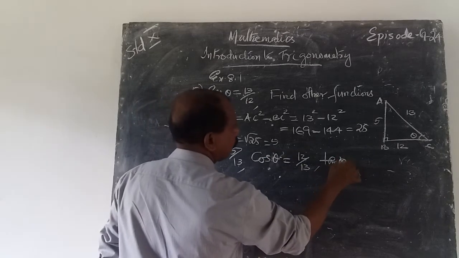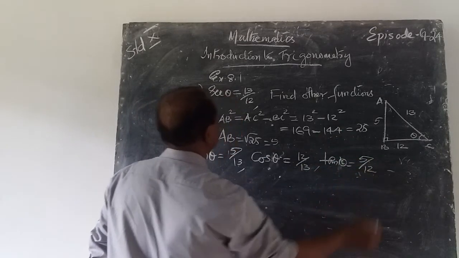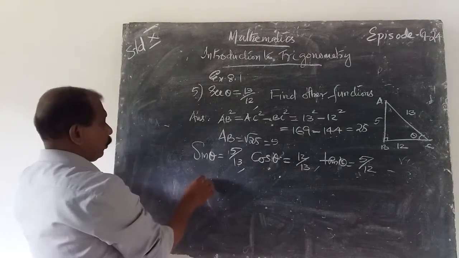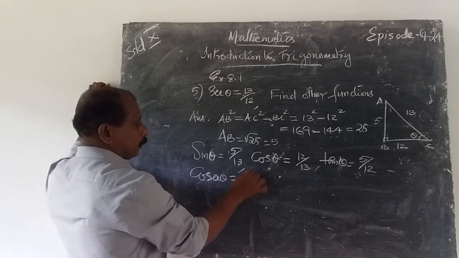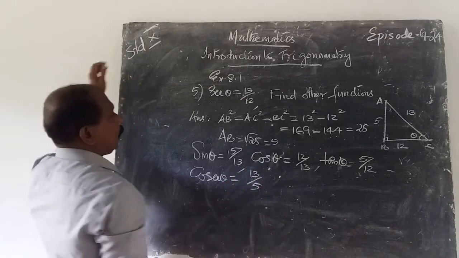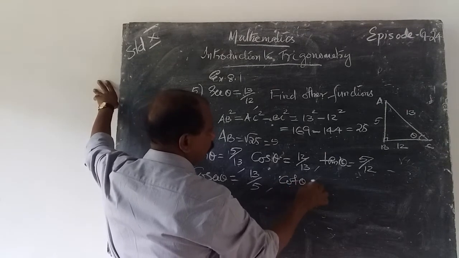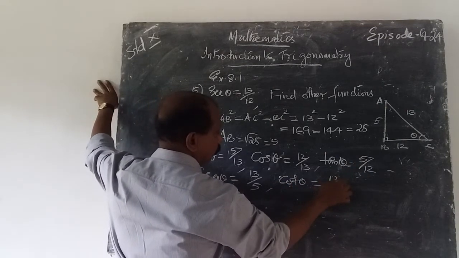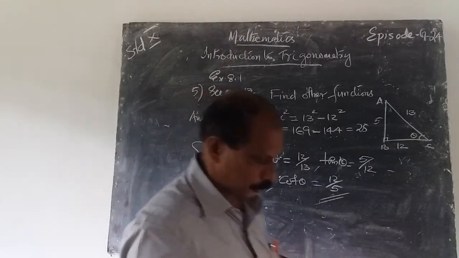Tan theta is opposite side by adjacent side, 5 by 12. Then cosec theta, reciprocal of sin theta, 13 by 5. Sec theta is given. Then cot theta, reciprocal of tan theta, 12 by 5. These are the values.